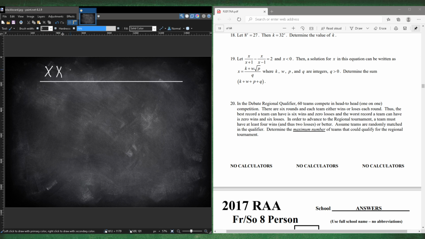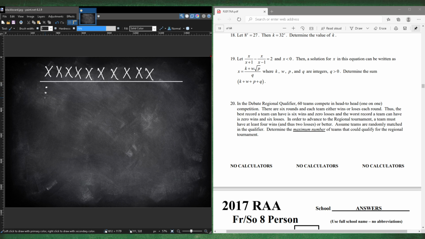So 1, 2, 3, 4, 5, 6, 7, 8, 9, and 10. So these are our 10 teams. We're just going to use a sample size of 10, and then we can multiply by 6 to scale up to 60.